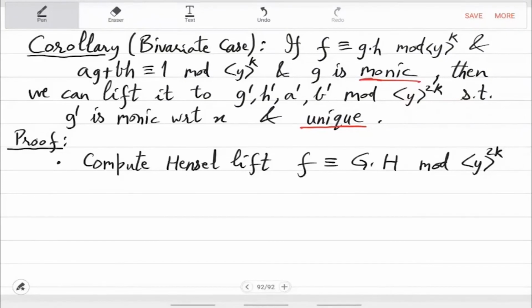You started with the low precision small g times small h mod y raised to k and lifted that to this. Now the problem is that this big G may not be monic anymore, because certain things were added in G, where higher degree x monomials most probably have been added. You were not careful about that in the proof. So in the bad case, G is not monic.